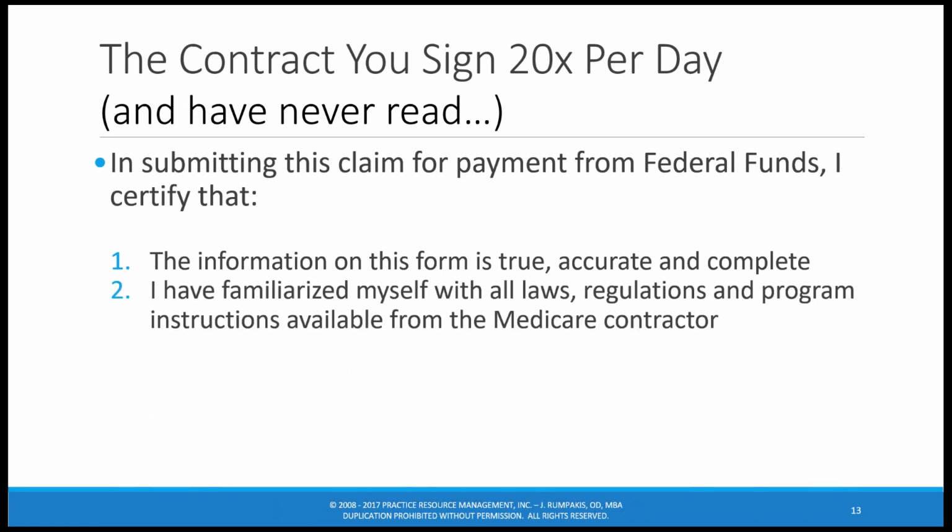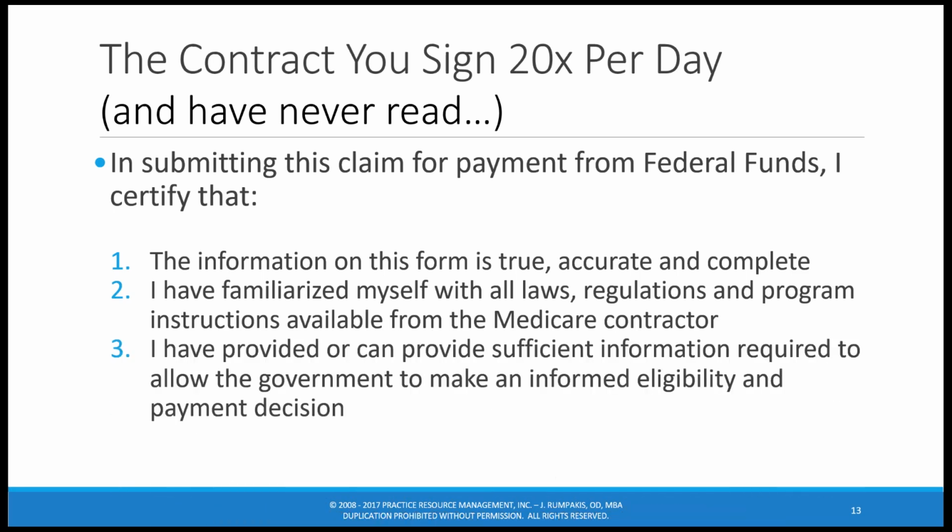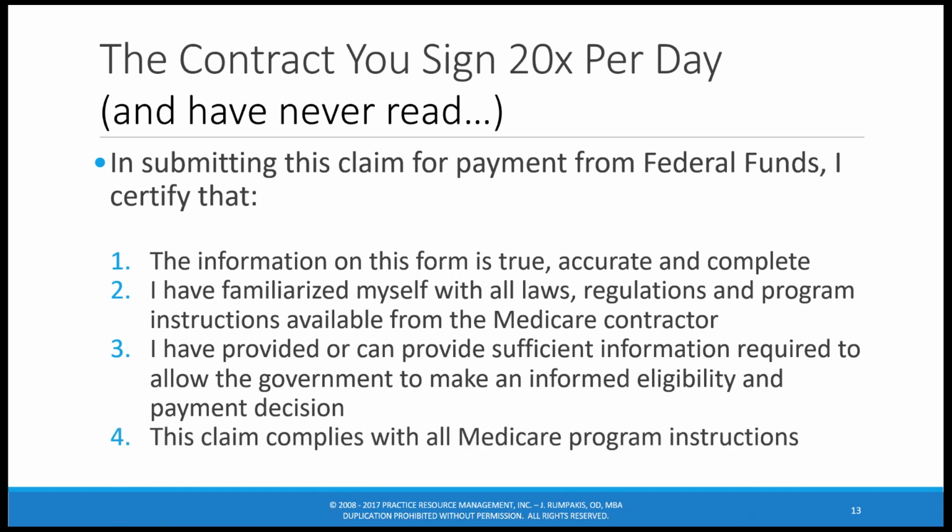I have familiarized myself with all laws, regulations, and instructions from the insurance contractor. I have provided or can provide sufficient information required to allow the insurance carrier to make an informed eligibility and payment decision. Just that statement alone says, come in and audit me anytime you want. This claim complies with all insurance program instructions. Okay? Now that is in the fine print.